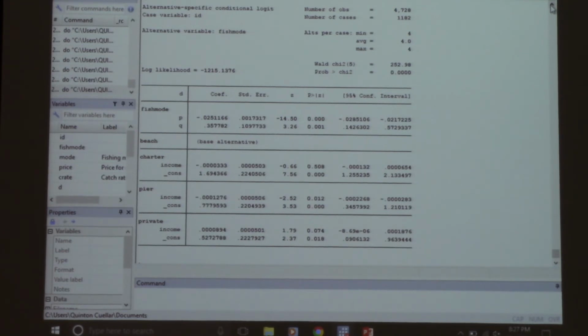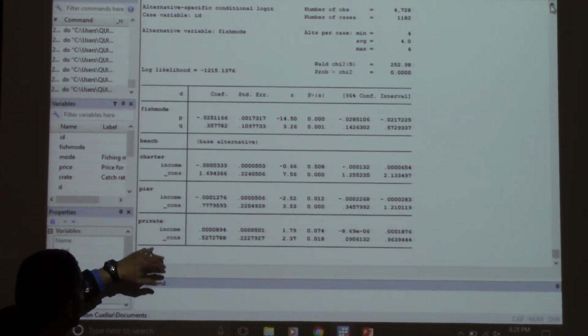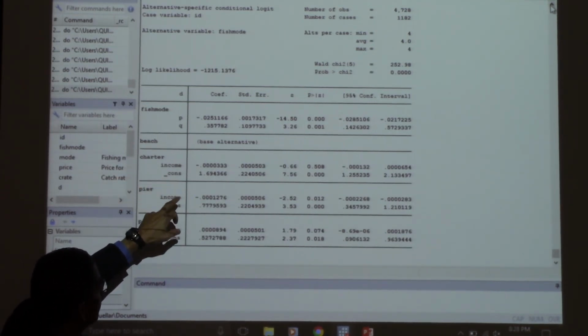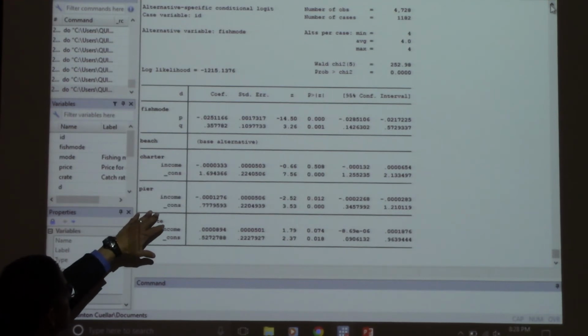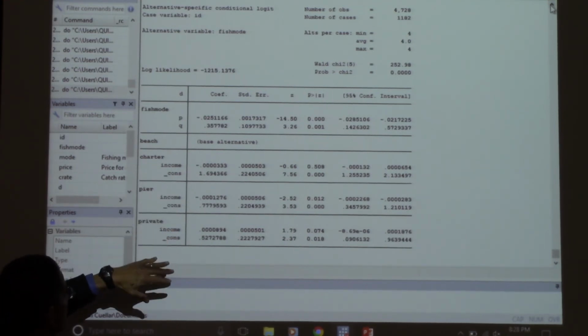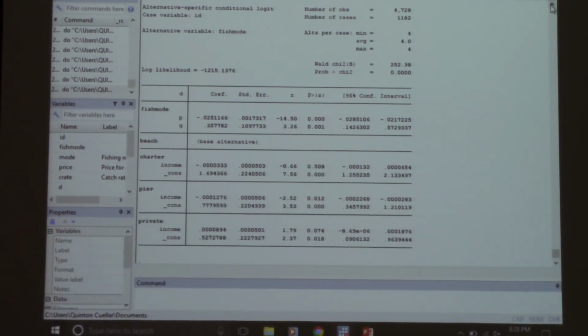For our case-specific variable income, that's going to be indicated in each of these categories. So it's negative but not significant for charter, it's negative and significant for pier, and it's positive and marginally significant for private.